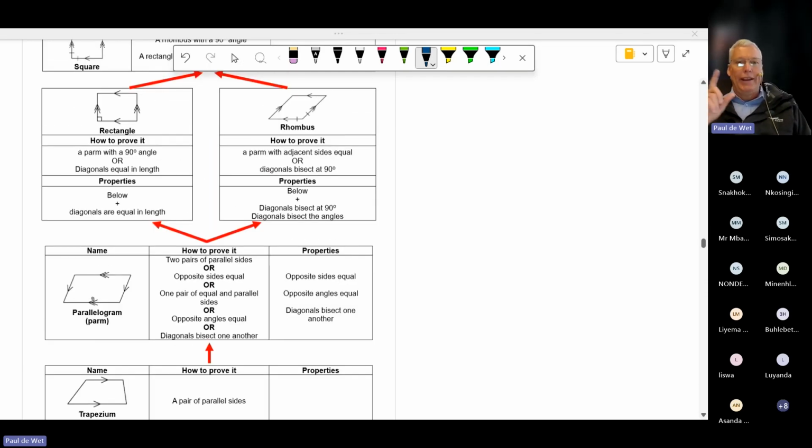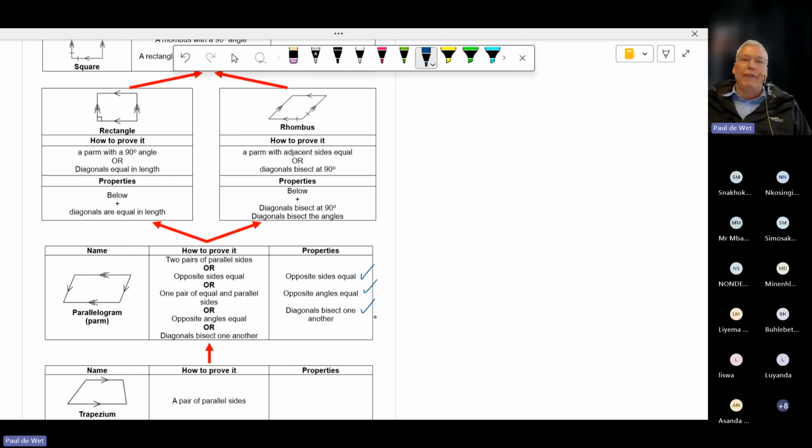If we've got, listen carefully here, guys, two pairs of parallel sides, that's called a parallelogram. And it has the following properties. The opposite sides are equal, the opposite angles are equal, and the diagonals bisect one another. They cut one another in half.